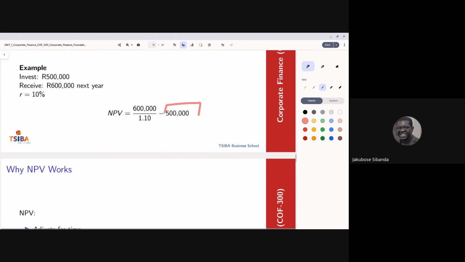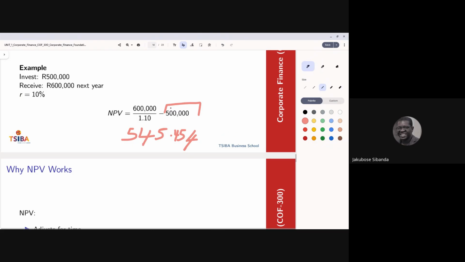600 divided by 1.10. I got my 600 now, divide by 1.10. I'm getting 545.454.